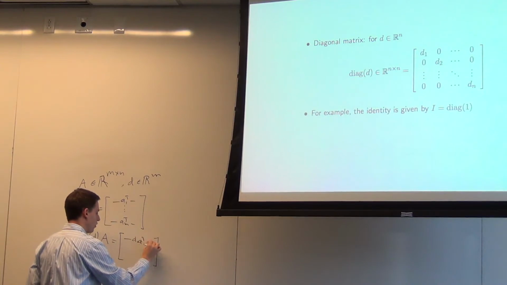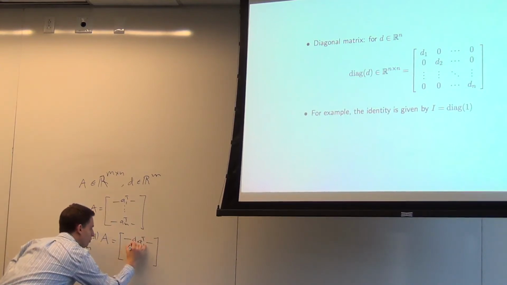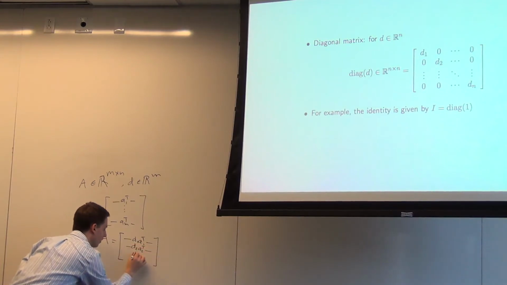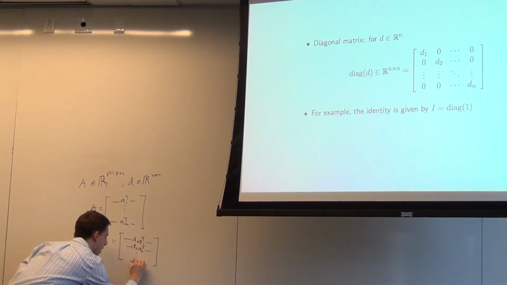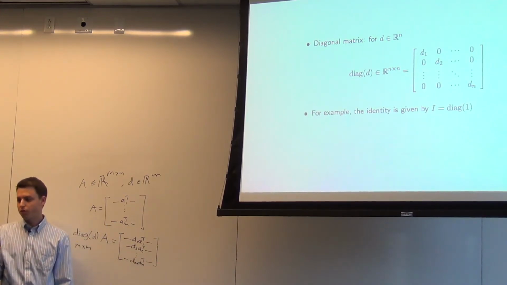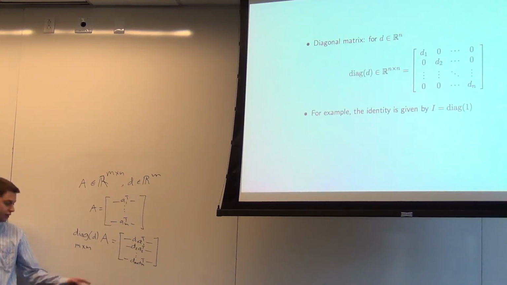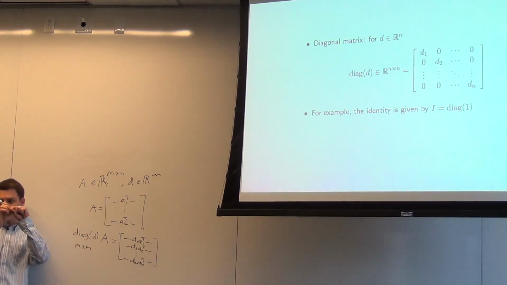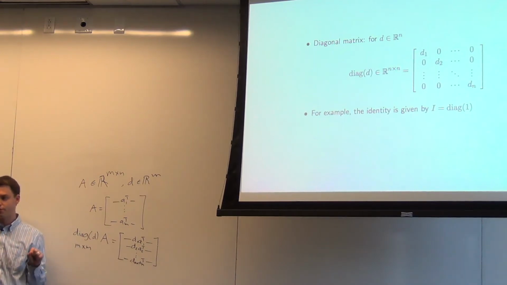That is the first row. The second row would be d2 times a2 transpose. Okay, all the way down to dm times am transpose. So what pre-multiplying a matrix by a diagonal matrix does, when we multiply on the left by a diagonal matrix, is scale the rows of that matrix.